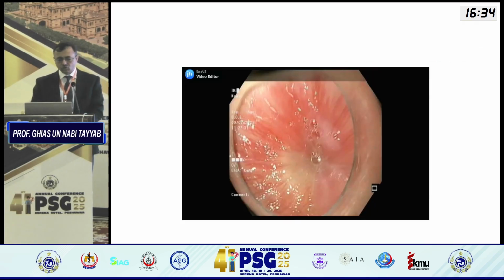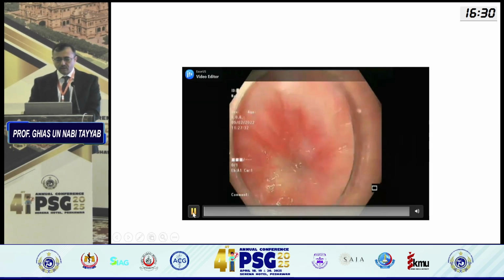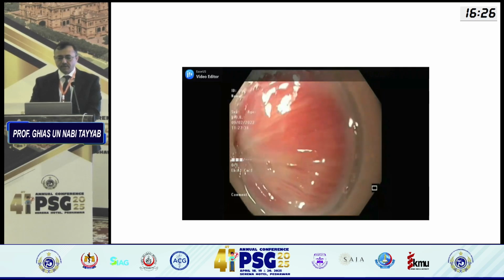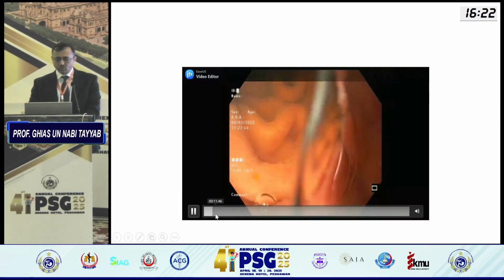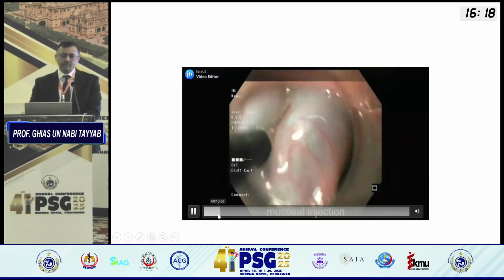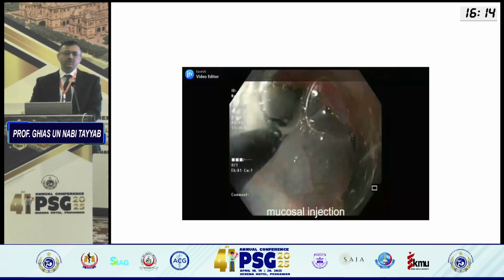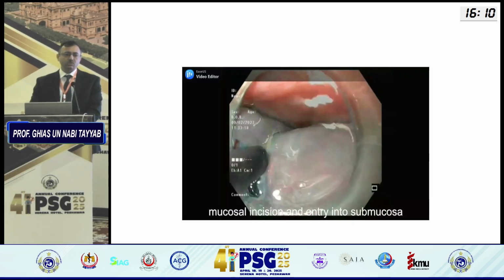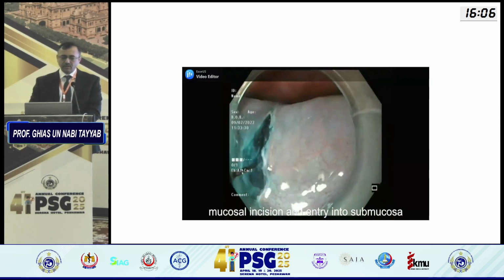So if you look at this video, you'll see how easy and comfortable it is to do achalasia cardia management. In the interest of time, I'm going to push it through. First of all, injection, making a bleb submucosally. Once the bleb has been made, then cutting the mucosa in order to get into the submucosal space. And how do we do it?